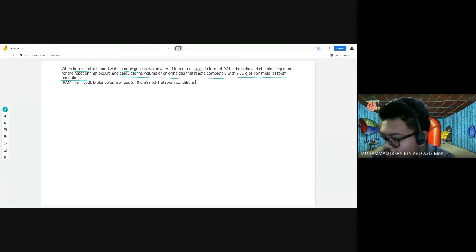Iron 3 is Fe3+, that is its charge, and then chlorine as chloride is Cl minus. So what is the formula that you can get from that?